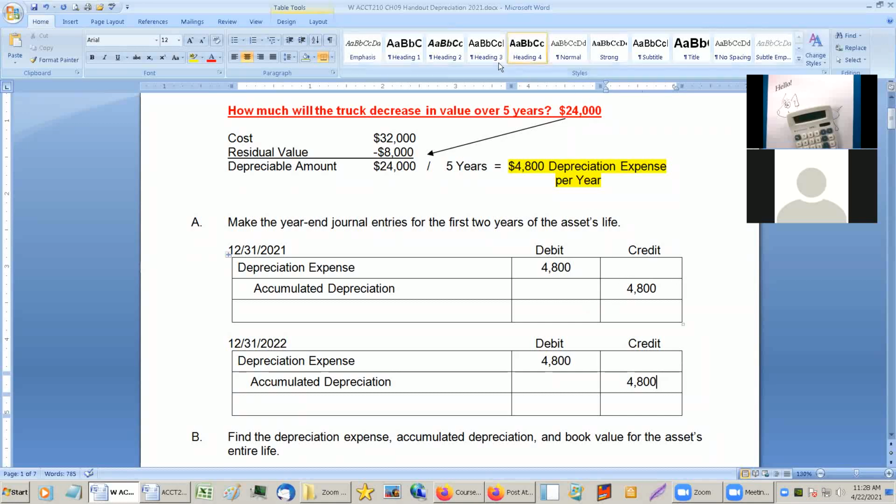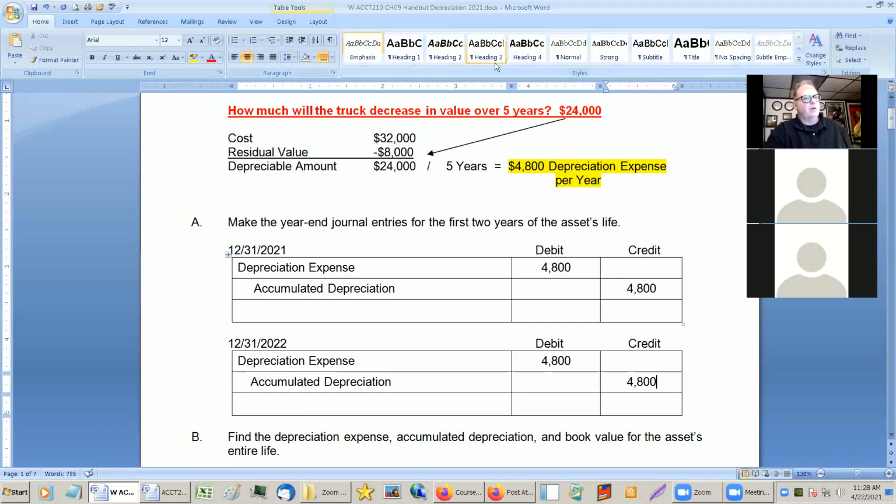So every year they'll have the same amount.